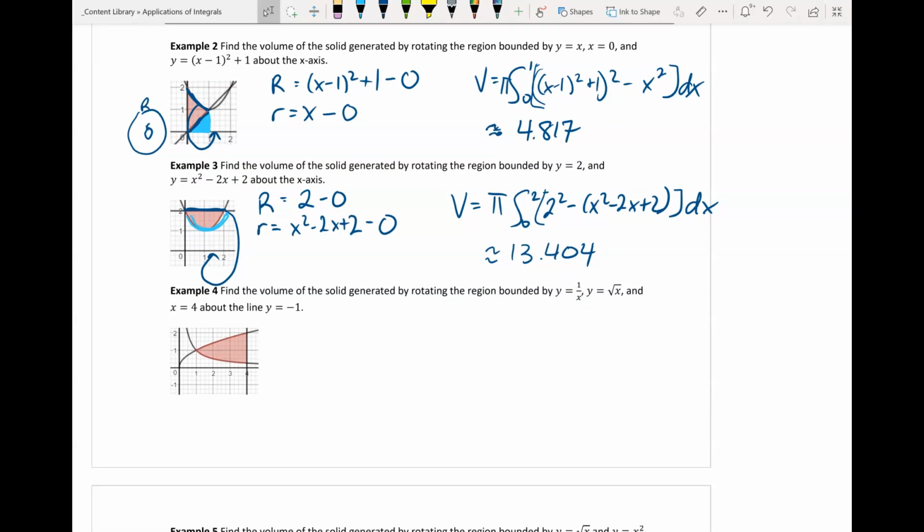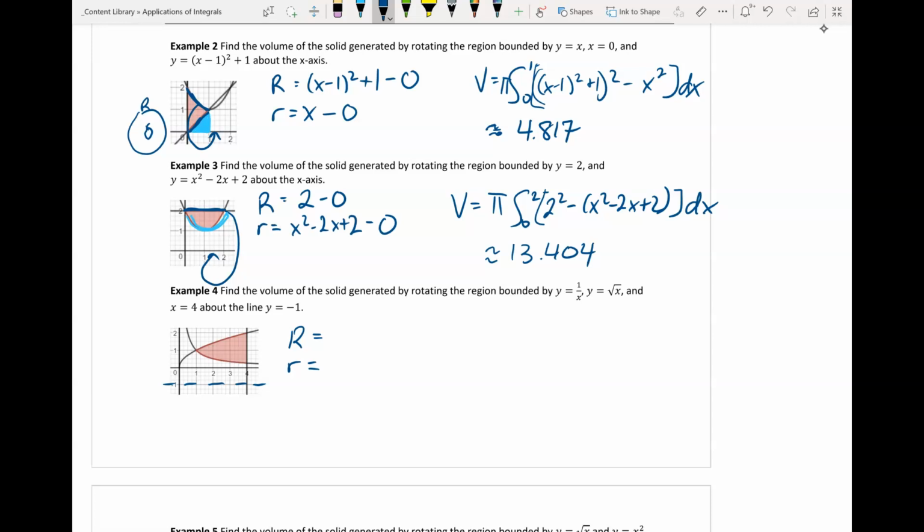Example 4 is a little different because we are going to rotate around the line y equals -1, which is down here. So we are still rotating around a horizontal axis, so we will make sure everything's in terms of x. I need to find my outer radius and the inner radius.